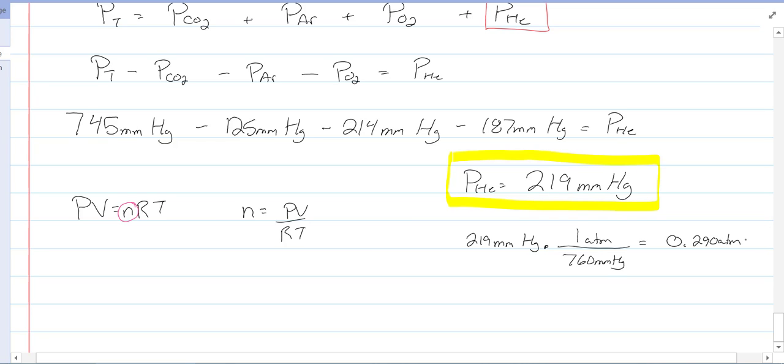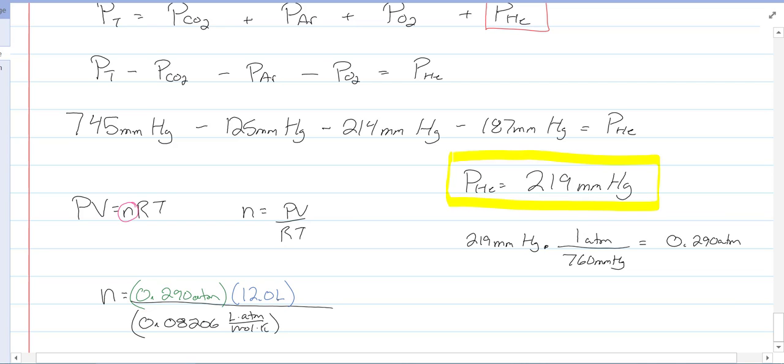Now we can solve. n equals pressure, which was 0.290 atmospheres, and that's important. It has to be in atmospheres. The volume is 12 liters from the problem. R is R, 0.08206 liter atmospheres per mole Kelvin.